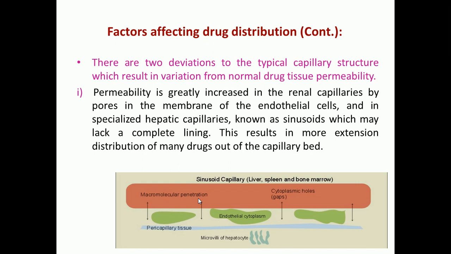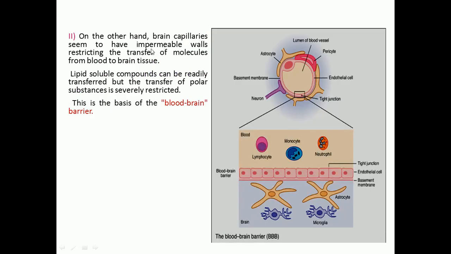These are called fenestrations or sinusoids. This can cause easy transfer of the drug, and even larger molecules can cross these membranes easily. But on the other hand, in the blood-brain barrier, there is no fenestration. This is continuous. Here we have already seen it.